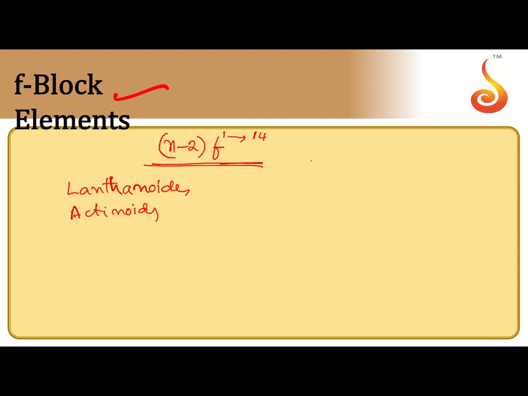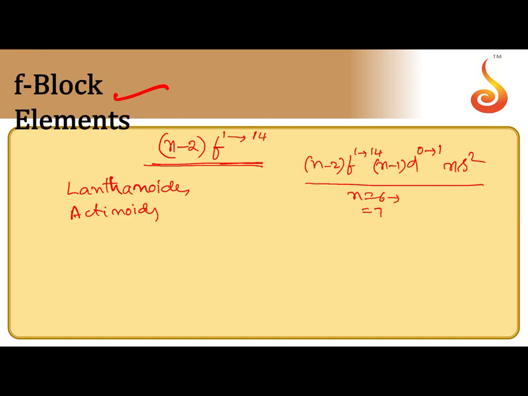The general electronic configuration of f block elements is (n-2)f 1 to 14, (n-1)d 0 to 1, ns2. Here n may be 6 or 7.